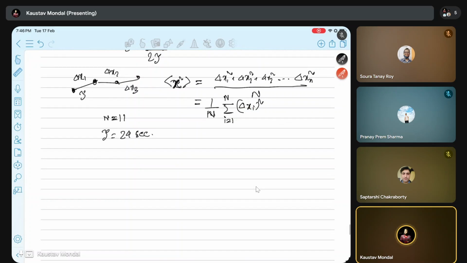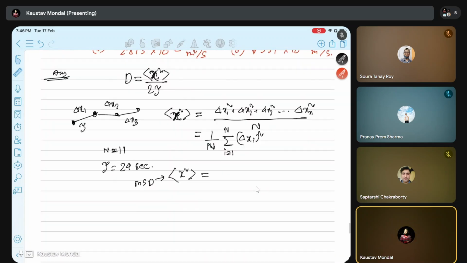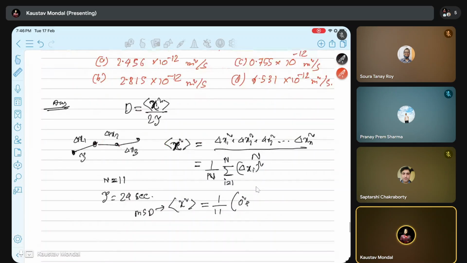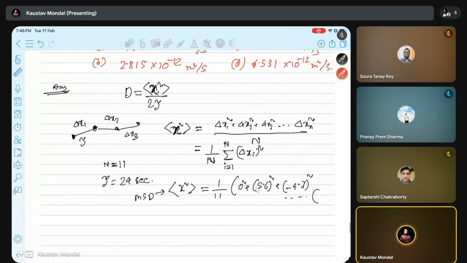Now if you calculate x square average, that is the MSD, by adding the square of each displacement and taking the average, that gives you 1 by 11 into 0 square plus 5.6 square plus minus 4.7 square, and like this up to 16.0.